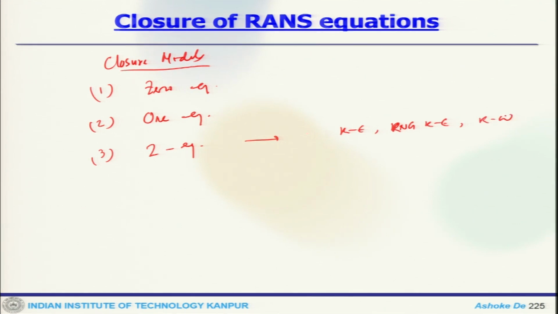So, all two equation based models, and then the second order closure like RSM based models. So, this is how you go with increasing complexity, where you solve for the individual stress components and it does not use any Boussinesq hypothesis.